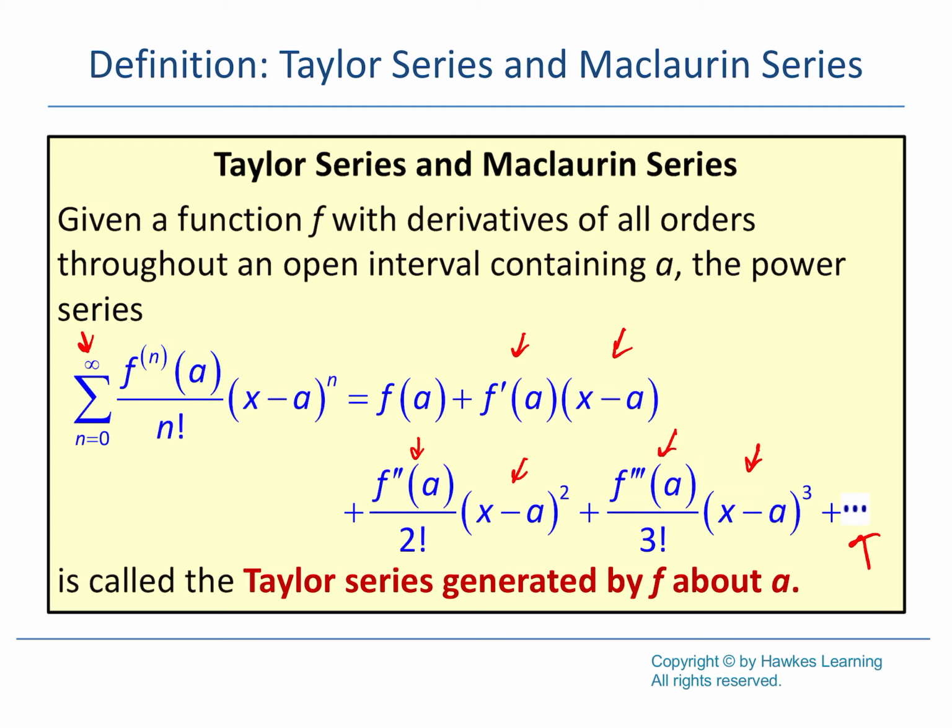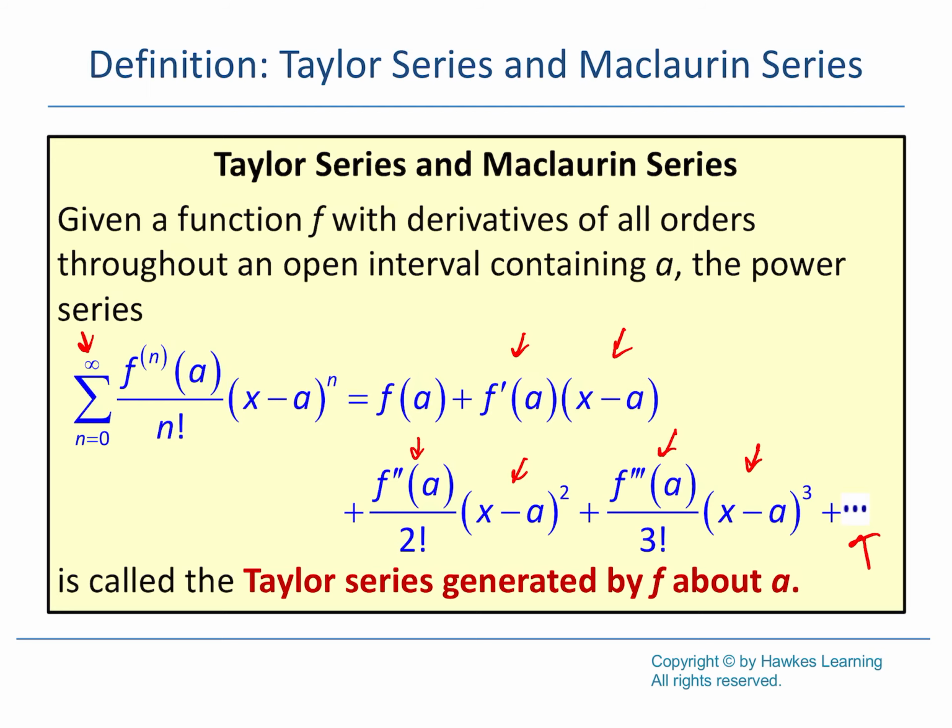So we have a function, and we have a point that we want to expand about. What we're doing with the Taylor series is using information about the function's derivatives to create a series representation of that function.